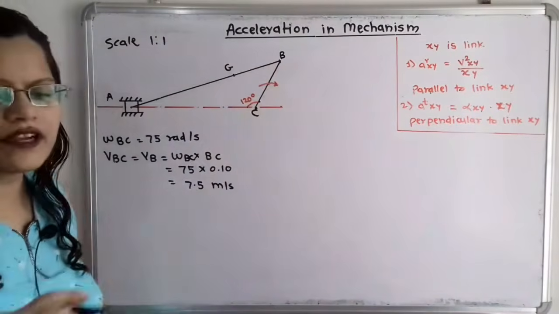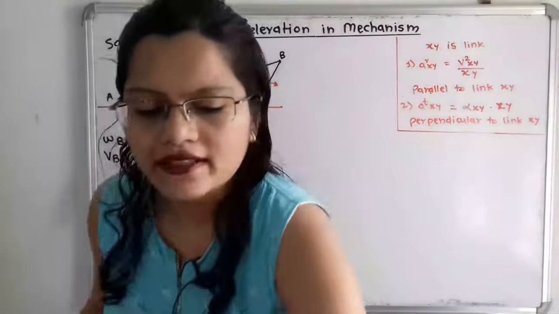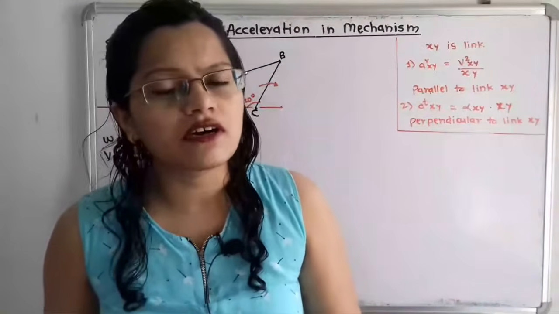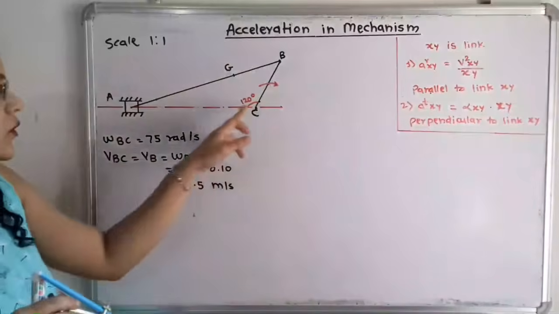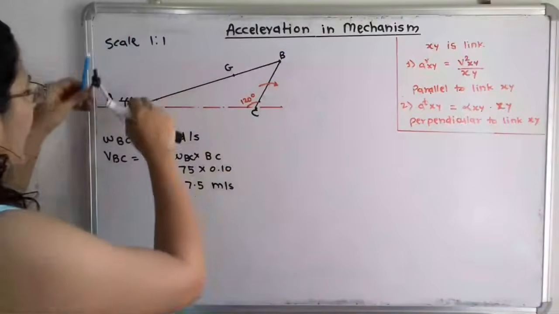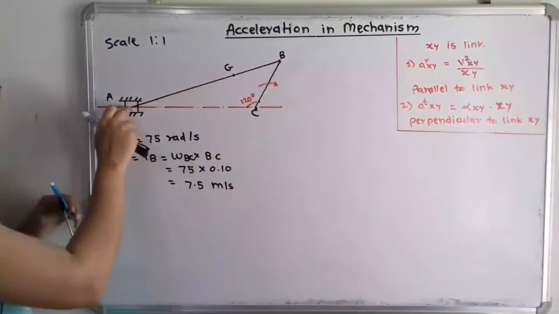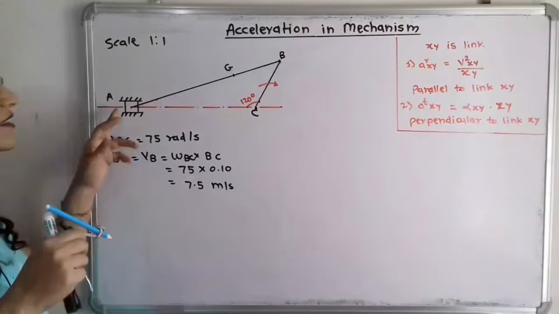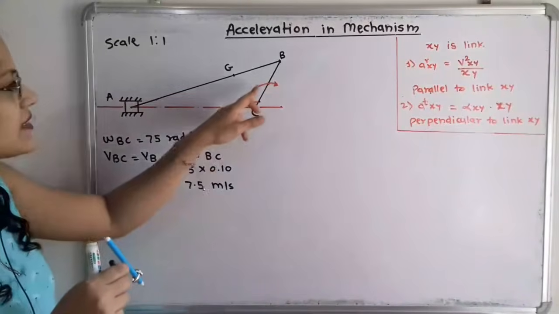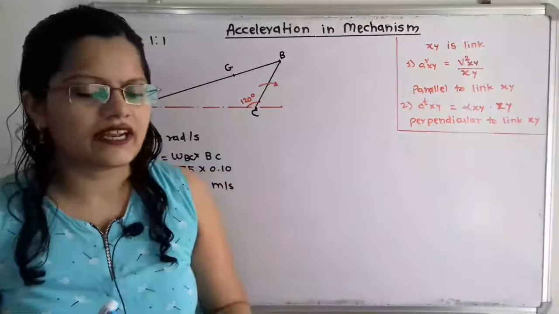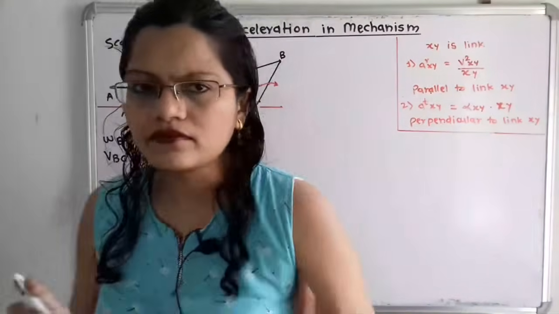Now from this point B, we take the compass and mark one arc at a distance of 30 cm on this horizontal line. So take B as a center and mark one arc. The point of intersection will give us the point A, and at this point A the slider is attached. Now this crank is having rotational motion in clockwise direction, and that is also given.